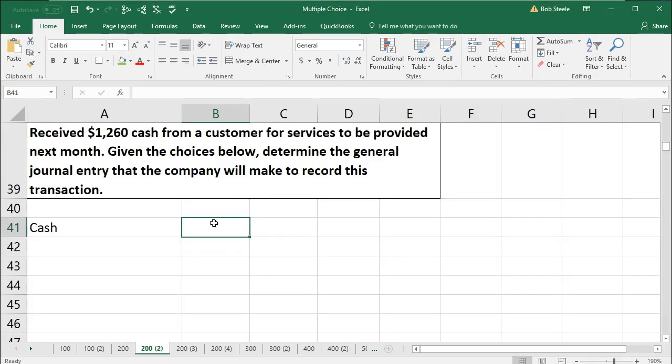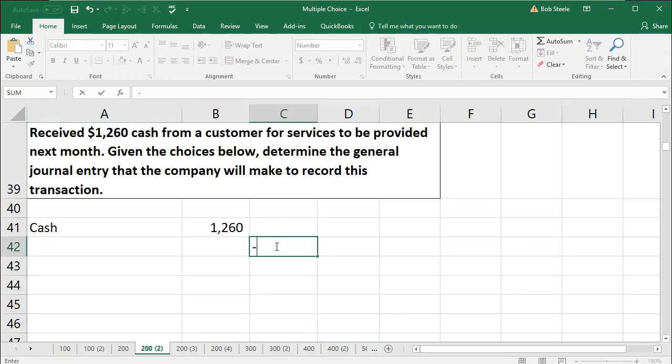Now, they're probably not going to ask you for cash, 1,260, because again, cash is going to be fairly easy for us to know whether it goes up or down, and they're depending on us messing up the other side of the journal entry. But by us recording cash first, we're less likely to have a problem on the second half of the transaction. For example, we know that if we debit cash, we're going to credit something for that same amount, and then we just need to know what that amount's going to be.